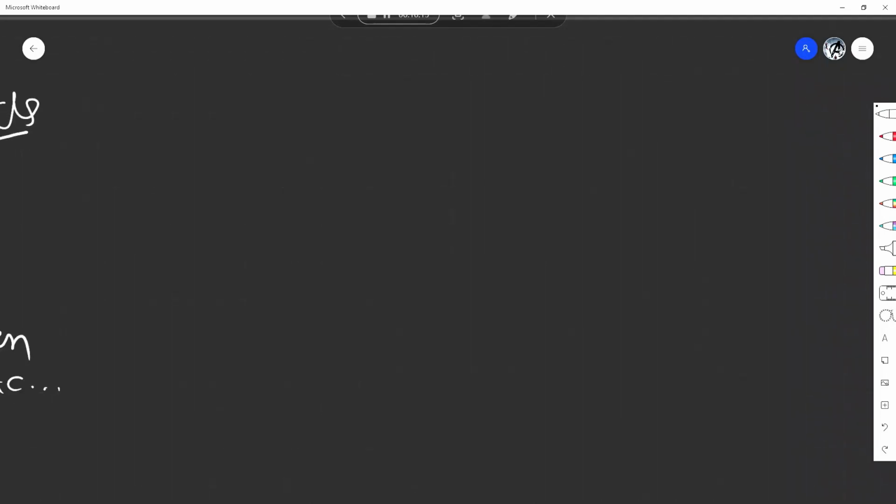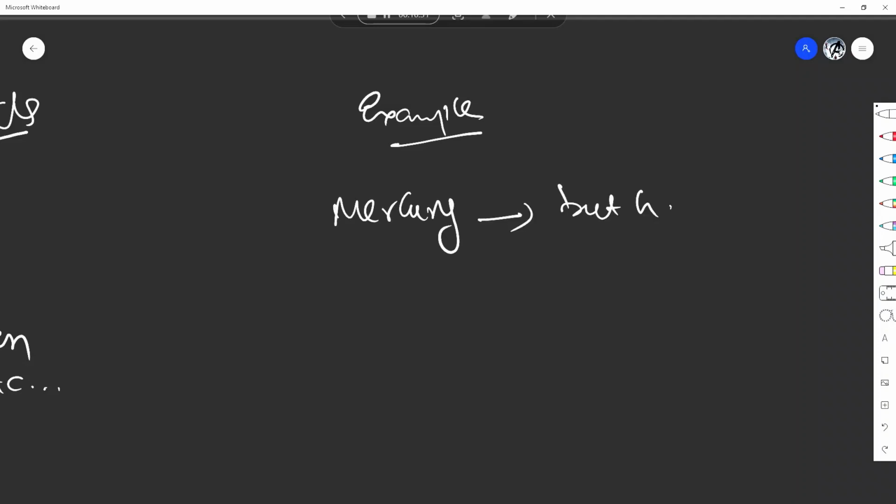And there are exceptions where metals are not hard. Example, mercury. Mercury is a metal but not hard. It is in liquid form, right? If you see a thermometer, you will have mercury which is in liquid form, right? It is a metal but it is not hard, it is soft.